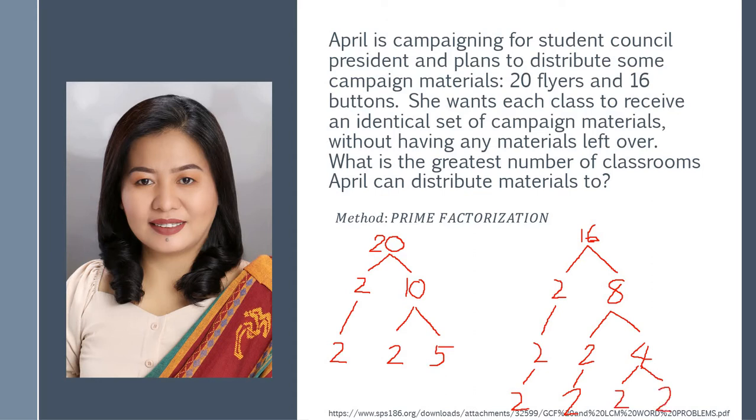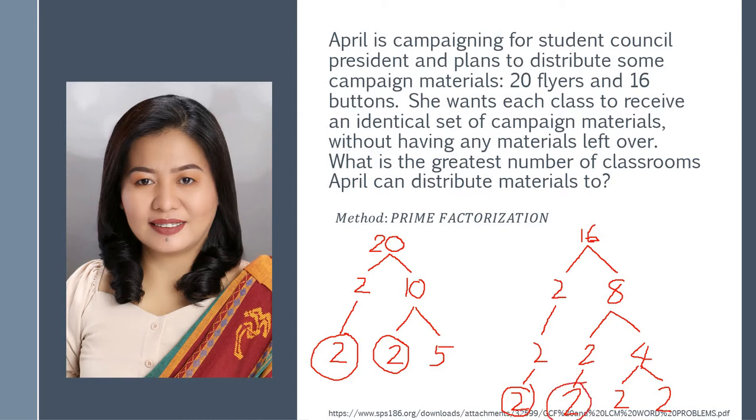So to get the greatest common factor, we take the pairs 2 and 2, 2 and 2 here, and 2 and 2 here. So we have 4.